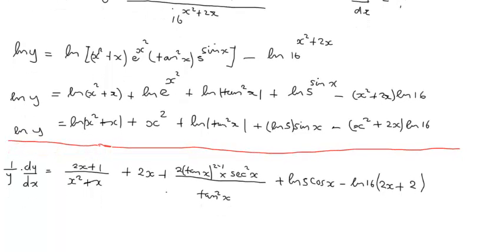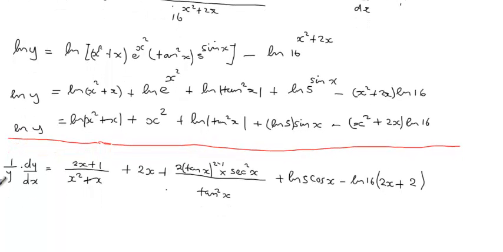Yes? Come again? Here. Why am I not using the product rule? I've got one function, sine, here which I can see. I'm asking you, which other function can you see there?